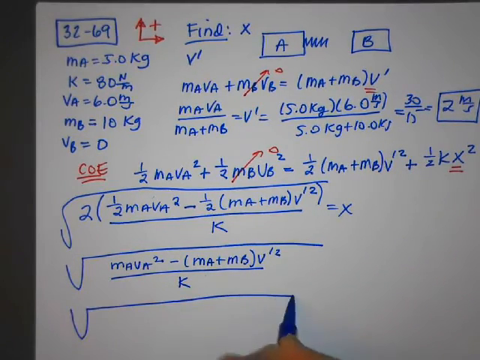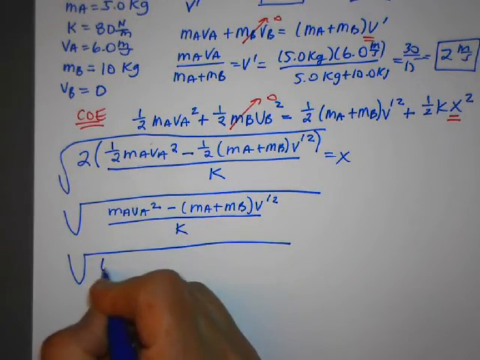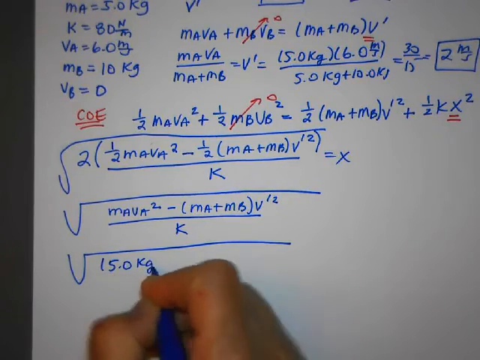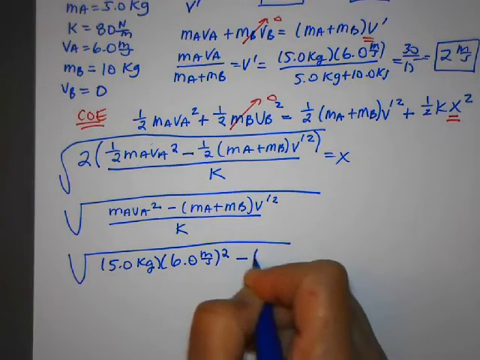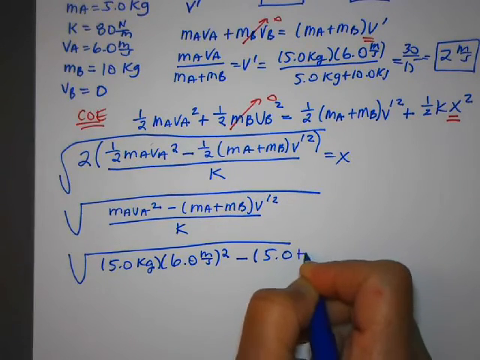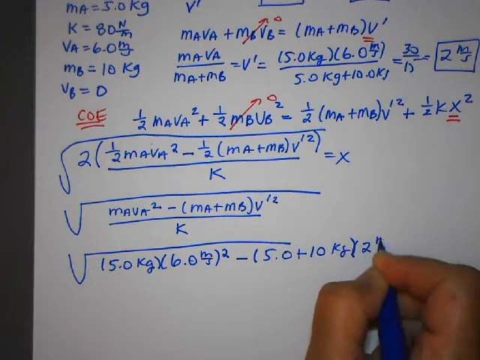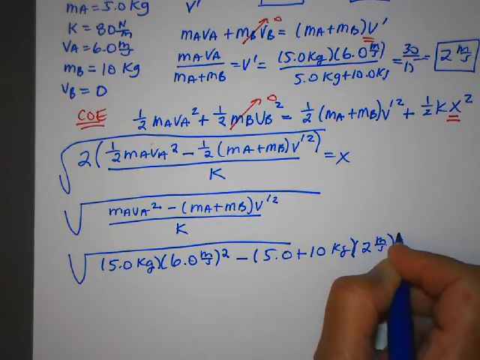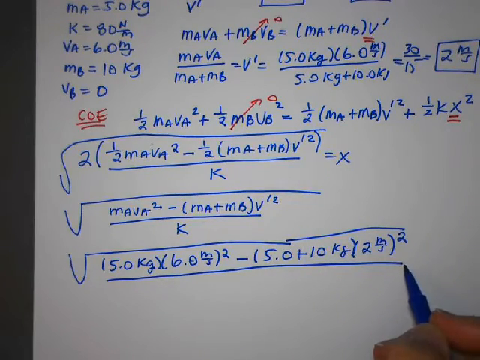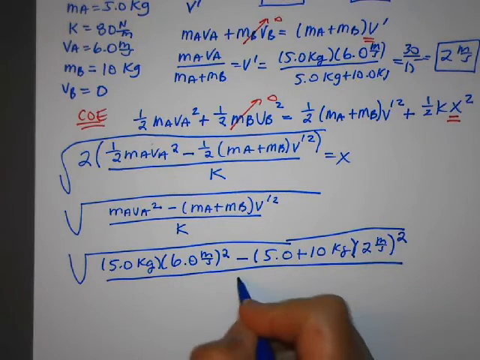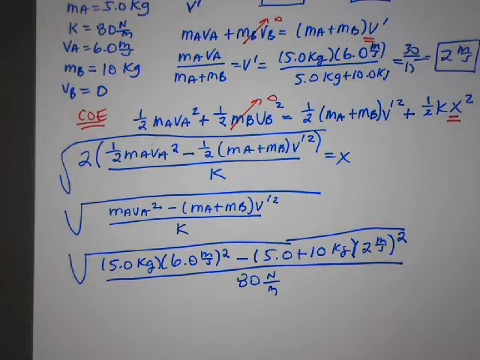So now, what are our numbers here? We have 5 times 6 squared minus 5 plus 10 times 2 squared, divided by k, which is 80.